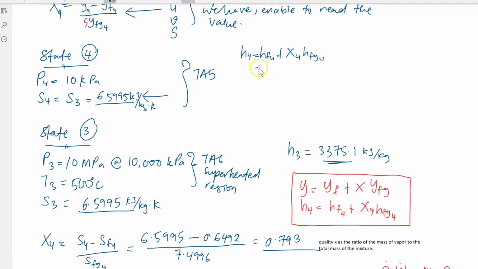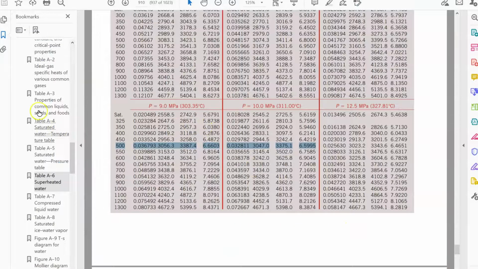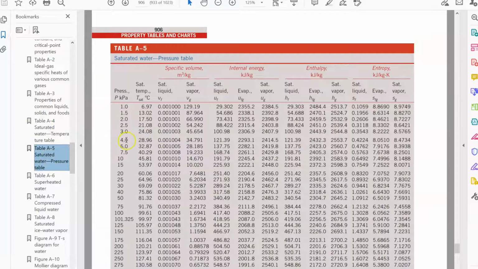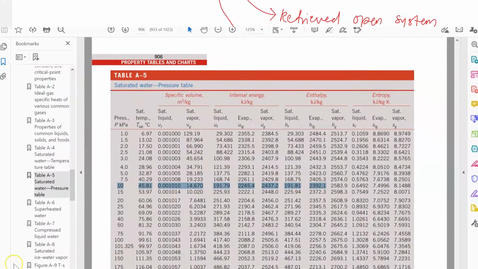So let's go to your table A5 over here, and at 10 kilopascal, what will be your HF? Again it is 191.81, and what is your HFG? It is over here, so you copy that into your solutions.